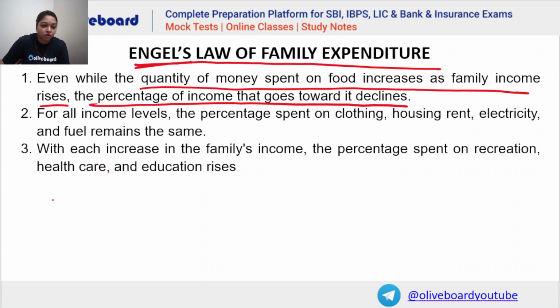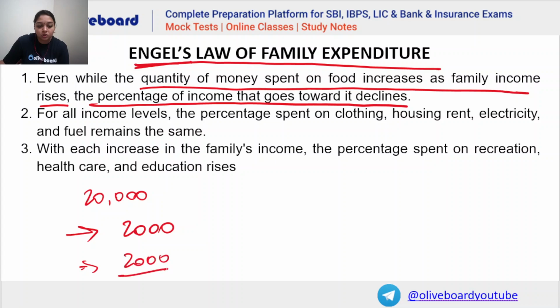For example, let us say when the income was 20,000, one family spent 2,000 rupees on food. So what is the percentage? 2,000 by 20,000 into 100. Right? So that is 10% of the income spent on food.